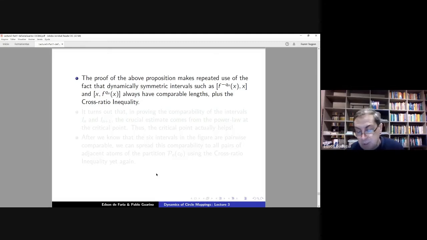I didn't tell you this, I should have told you this, but the fundamental lemma that I stated, the one that talks about comparability of symmetric intervals, is also proven using the cross ratio inequality, okay? All right.